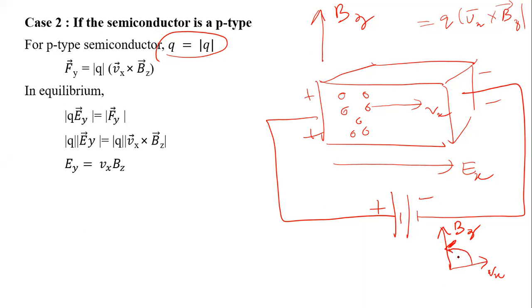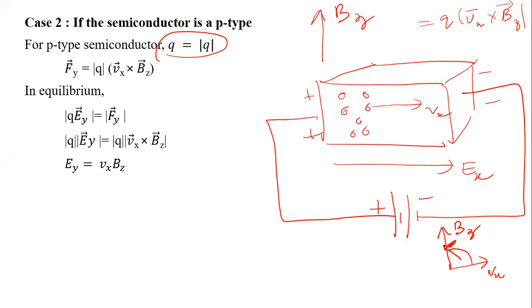The rotation is like this. Use your right hand thumb rule to indicate the direction of this cross product vector. Your other fingers represent the direction of rotation, and your thumb represents the direction of the resultant vector.